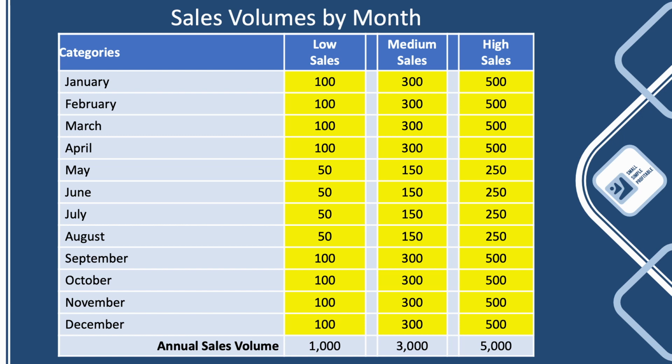For this example, I'm anticipating that the summer months will have slower sales, so I'm projecting sales for May through August that are half of the sales in the other months of the year. So this supplemental section gives you the option of estimating your sales volumes by month and adding them up to create the annual sales estimates.